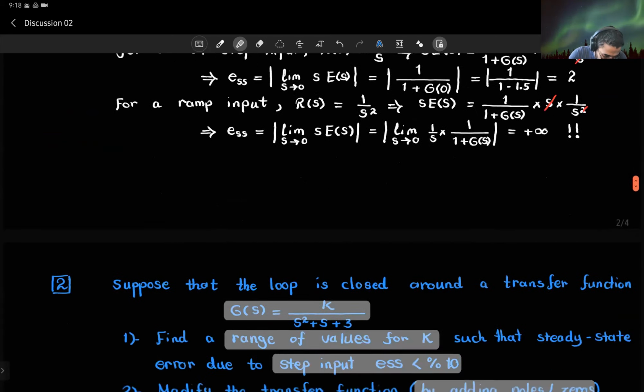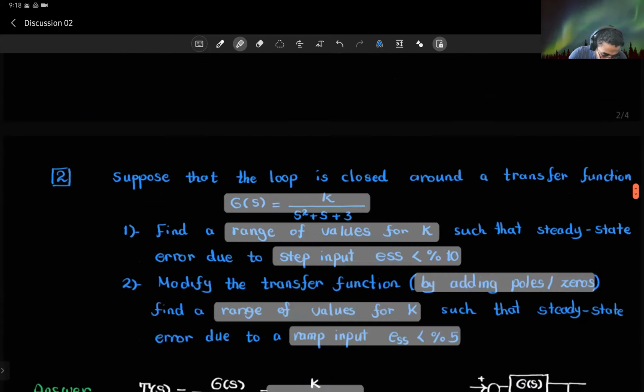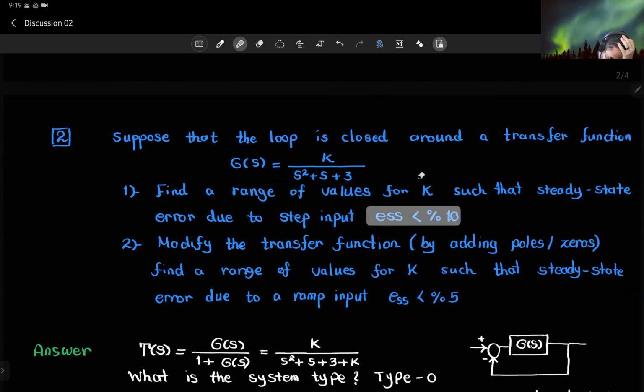Okay, moving on. The second problem we have today is that we are given an open loop transfer function, K divided by s squared plus s plus 3, and we want to find the range of values for K such that the steady state error due to a step input is less than 10%.